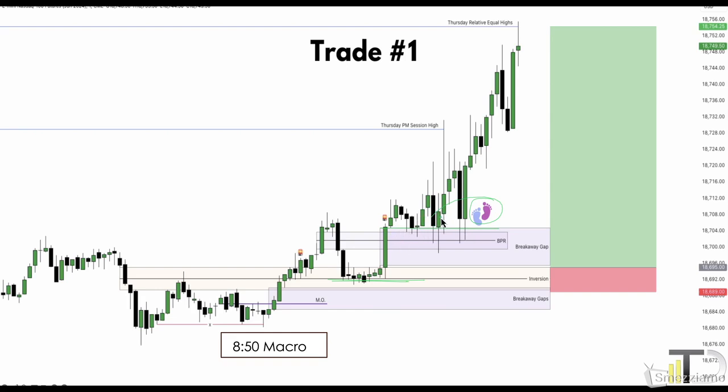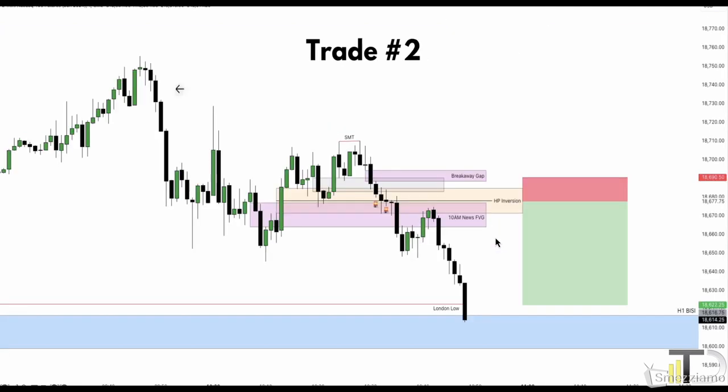As far as your narrative is concerned, it still holds, and the price ended up delivering to the targets here, right? So this was the first trade, and in fact for me the trade was right at the top of this inversion with a stop loss a few ticks below this inversion, with target being this one and this one, right? So this was the trade.